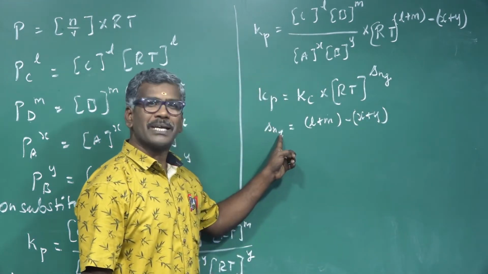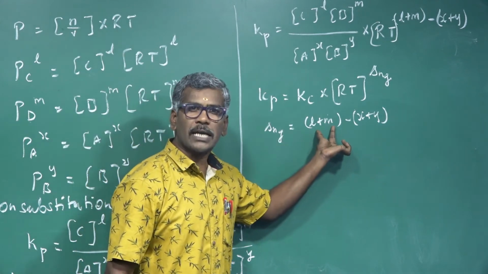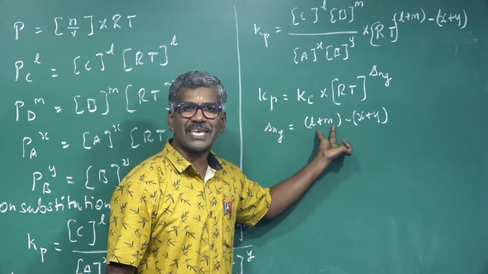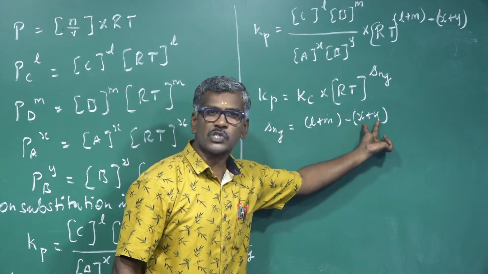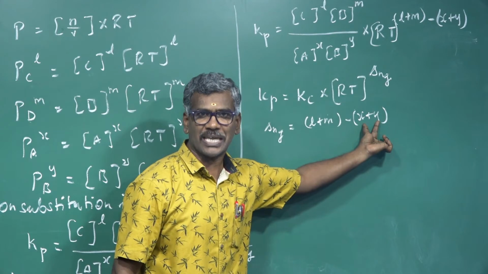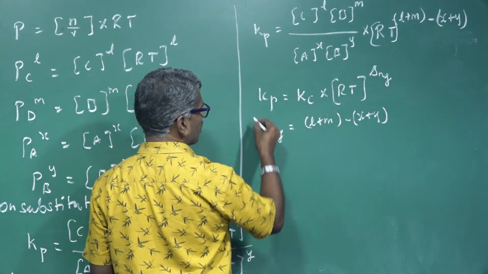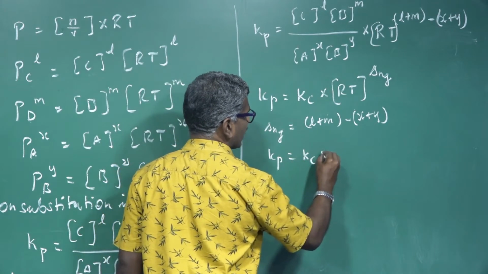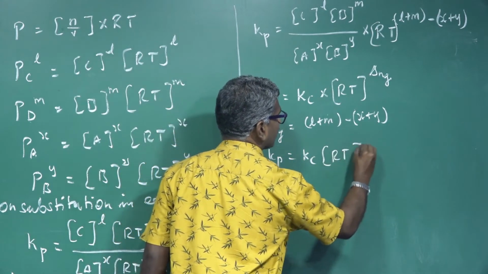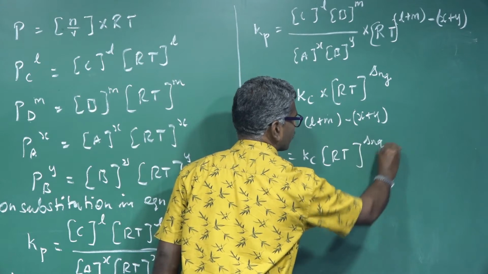Delta Ng can be defined as the total number of stoichiometric moles of gaseous products minus the total number of stoichiometric moles of gaseous reactants. So the total equation is Kp equals Kc (RT) to the power delta Ng.